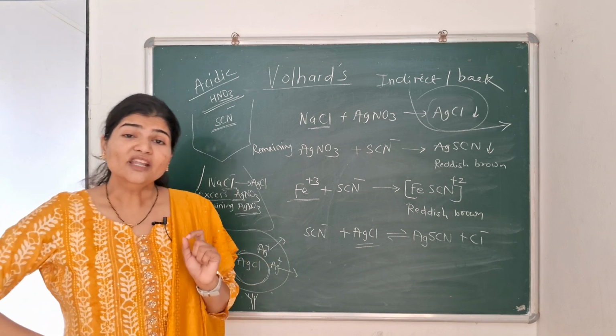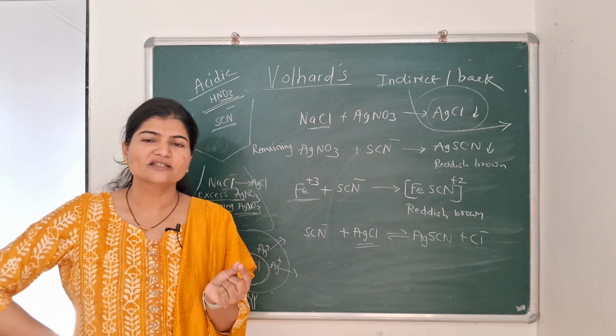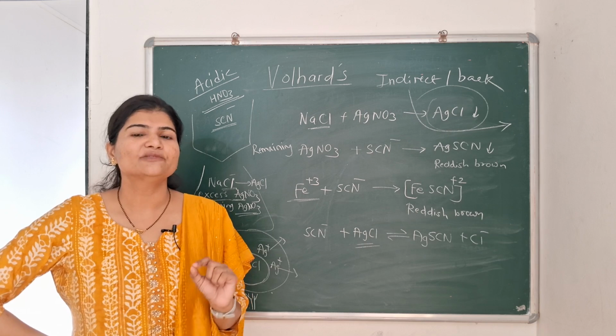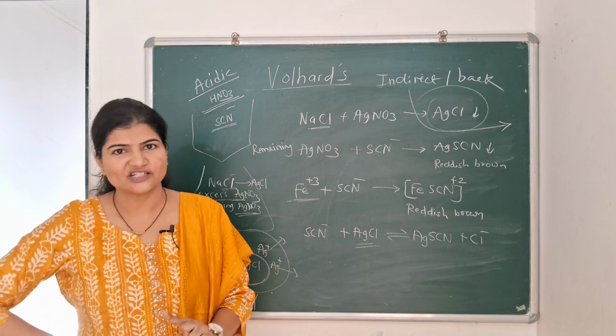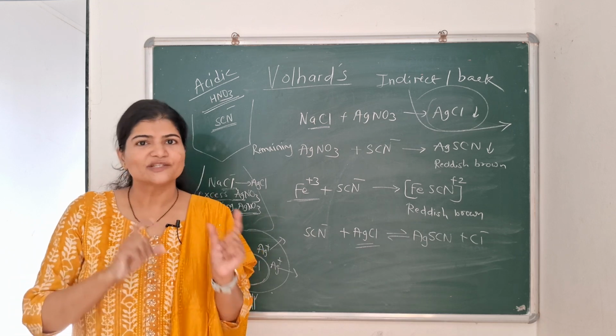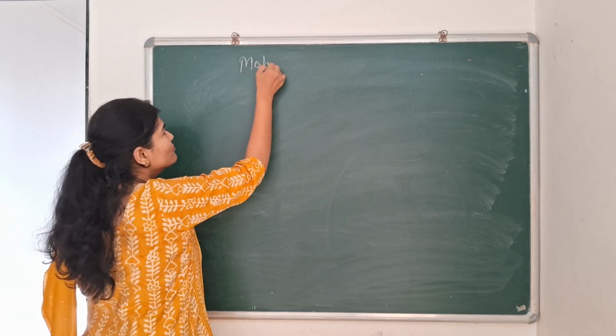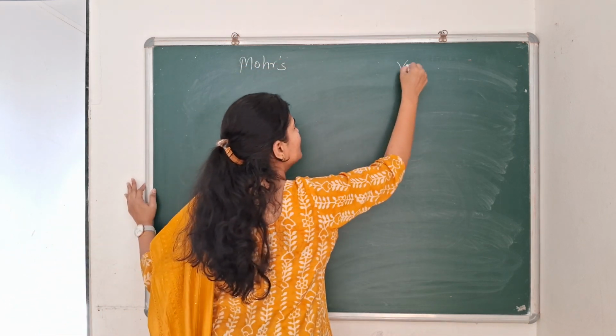Now the next very important point which can be asked for 2 marks is the differences between Mohr's method and Volhard's method.